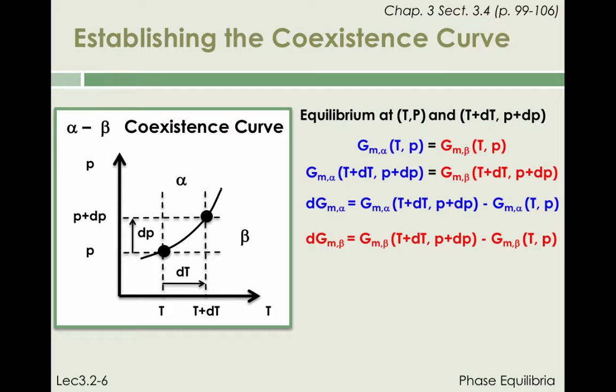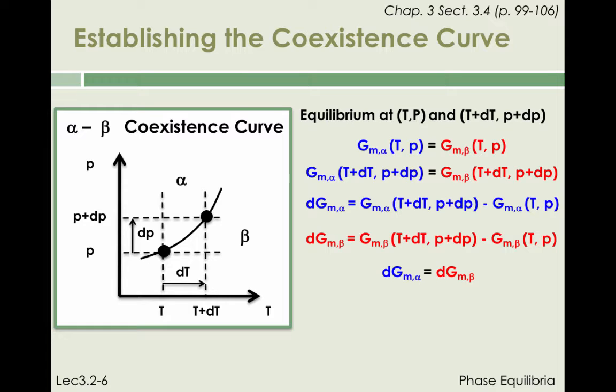Since the molar Gibbs energy for the alpha phase is equal to that for the beta phase at both T, P and T plus dT, P plus dP, then the associated changes dGm alpha must be equal to dGm beta.